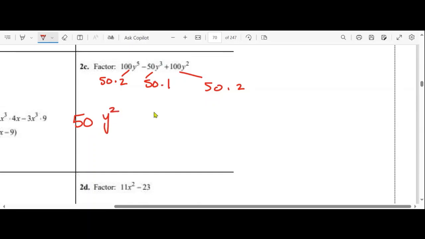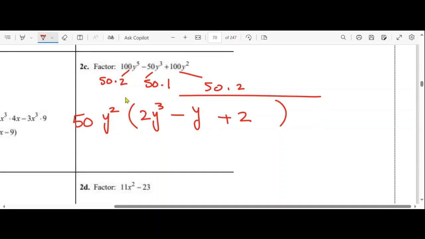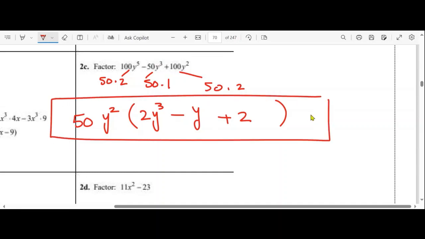So now you divide. What do you get? 2y to the power 3 minus y plus 2. Is this correct? Very good. So that's your final answer. Easy as easy? Understand? Raise your hand.